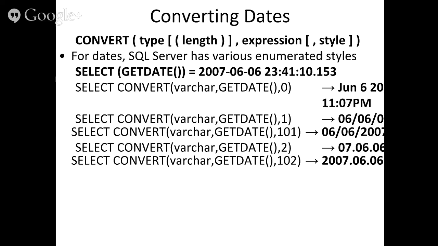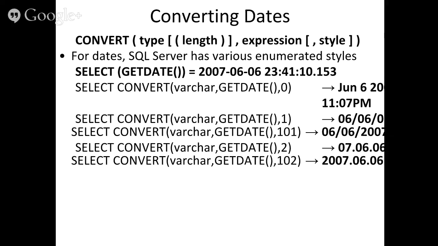So when you say getdate, it'll respond as if it were a new table with a single field, a single record, whose value is 2007, 6, 6, whatever.